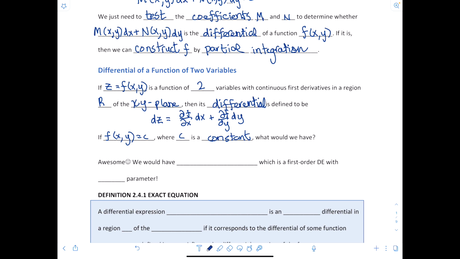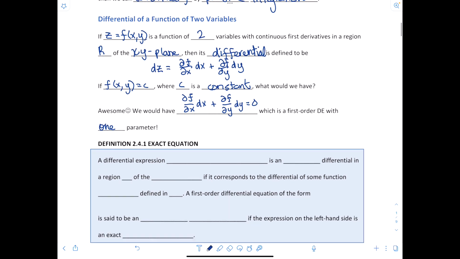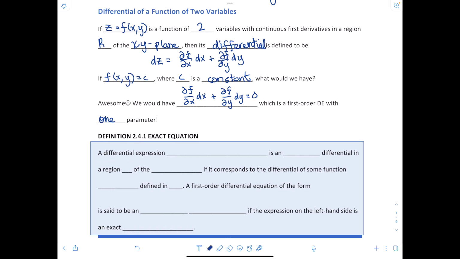So we would have the first partial of f with respect to x dx plus the first partial of f with respect to y dy is equal to 0, which is a first order differential equation with one parameter. Exactly at our level here.